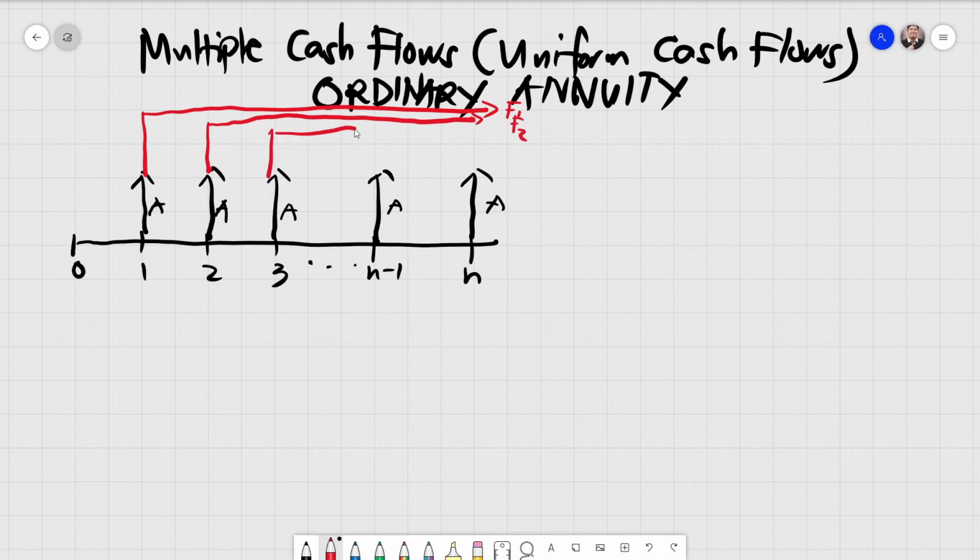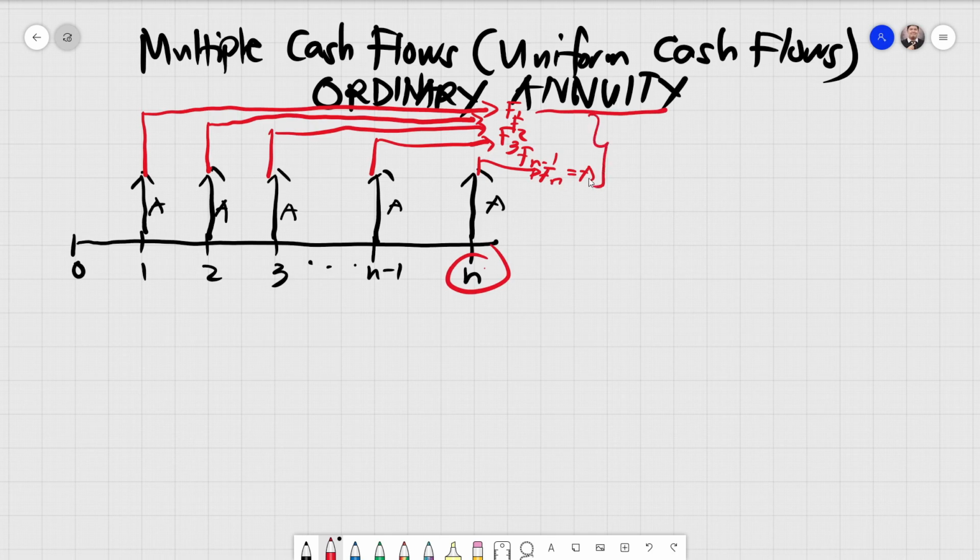Sa year 3, this is F sub 3. Sa n minus 1, this is F sub n minus 1. And lastly, this one is just basically F sub n or just A, dahil nandito naman na siya sa future time. So, this kind of uniform cash flow scenario is called annuity.